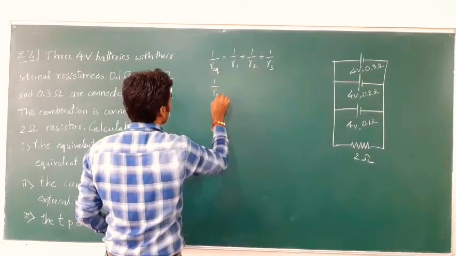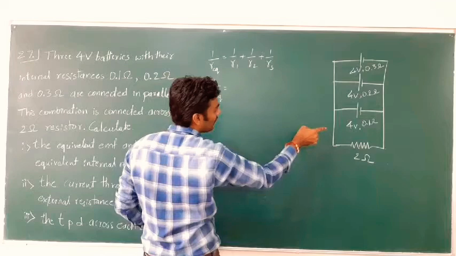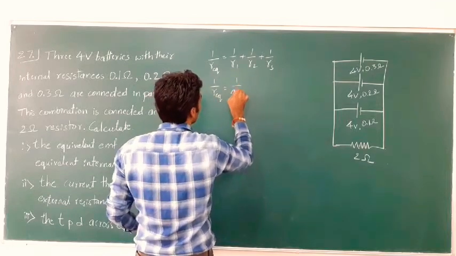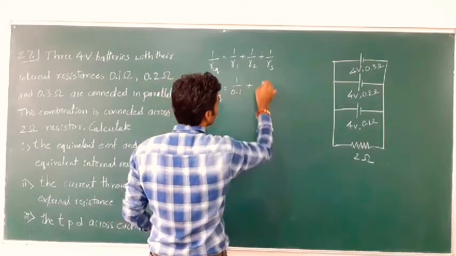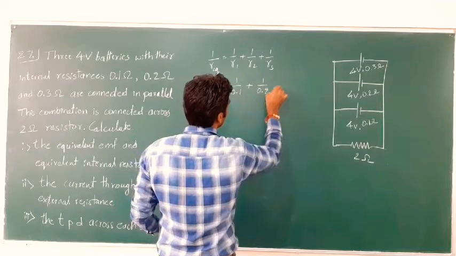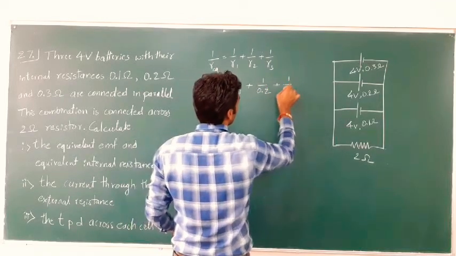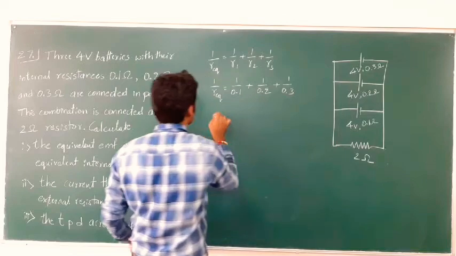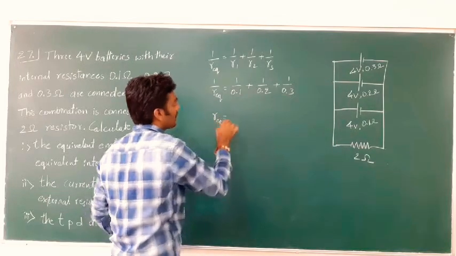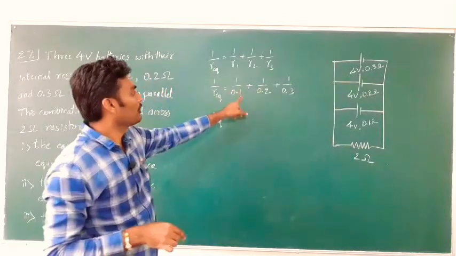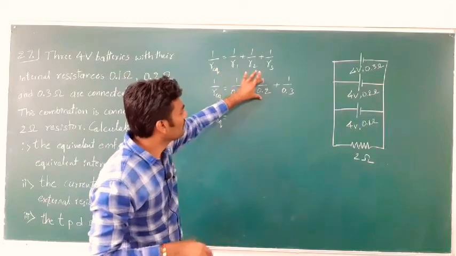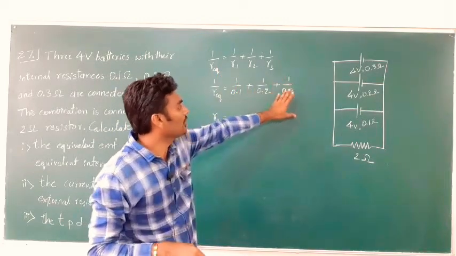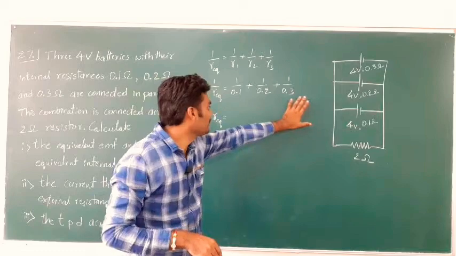What is R1? It is 0.1 ohm, R2 is 0.2 ohm, R3 is 0.3 ohm. Make use of a calculator: this will be 10, this will be 5, and this will be 3.33 something.